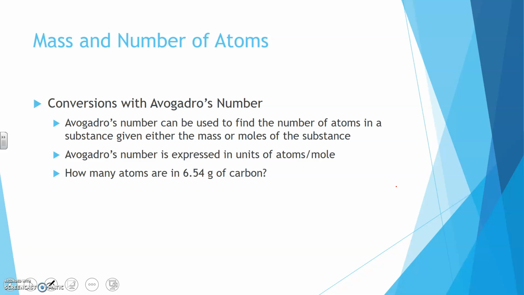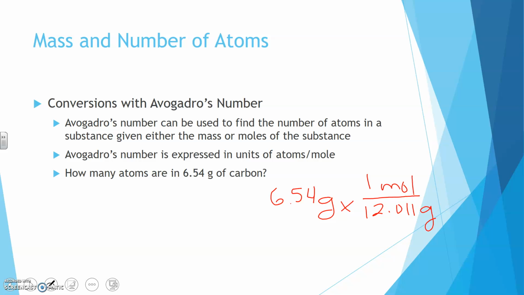So if it asks you how many atoms are in 6.54 grams of carbon, we're given our 6.54 grams, and then we need to convert that to moles. So with this, you have grams on top, and you need to convert to moles. So grams have to go on the bottom, and if you look at your periodic table, this is 12.011 grams in 1 mole.